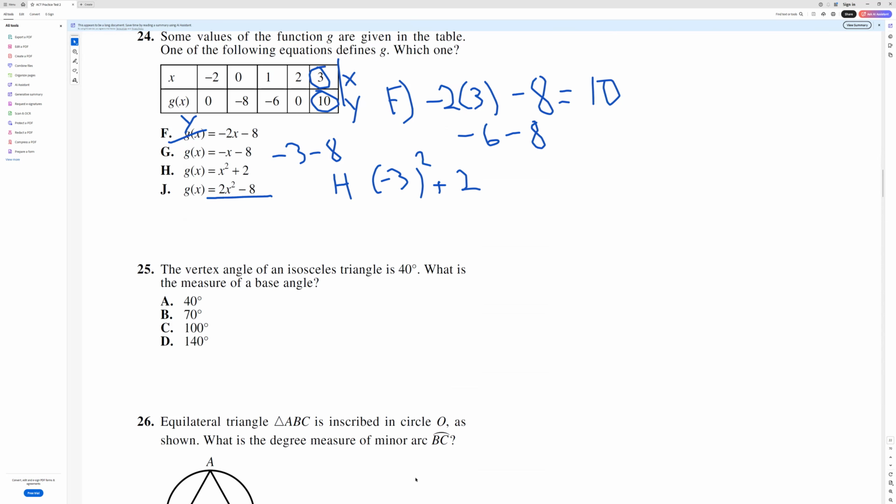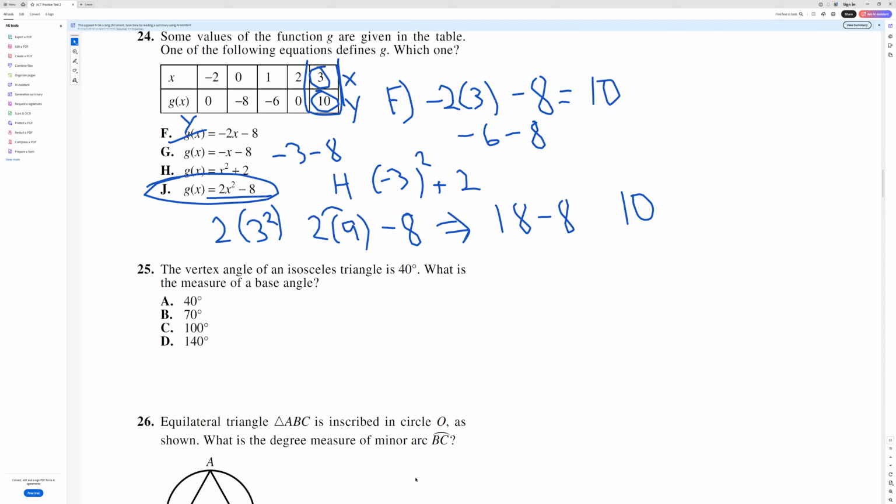So it has to be, unfortunately, the last one. So 3 squared times 2, which is 2 times 9, minus 8, which is 18 minus 8 is 10. So finally we get 3 and 10. So that works. My answer is J.